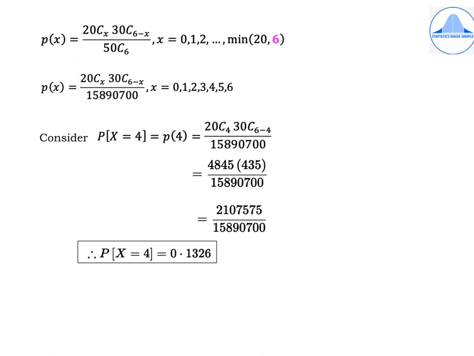On further simplification, we get 4,845 into 435 divided by 1 crore 58 lakhs 90,700. And the final answer is probability of capital X equal to 4 is equal to 0.1326.